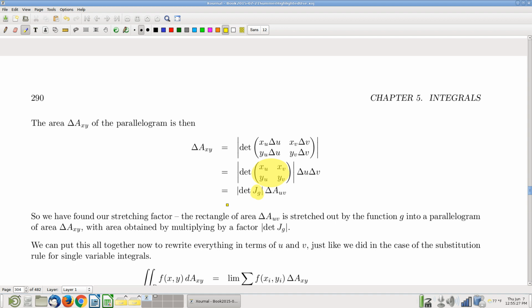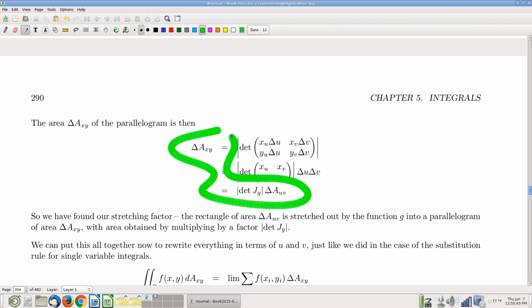It's the partials of the output variables x and y with respect to the two input variables u and v. And notice we have our stretching factor now. The area of the output comes from the area of the input by way of multiplication by that factor.